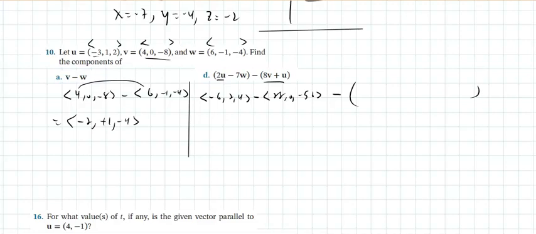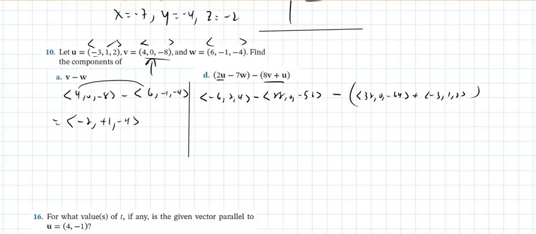So here, we're going to take 8v, multiplying this by 8, plus, oh, 8v, not 8u. There is v, 8v, that would be 32, 0, negative 64, plus u, the very first vector.